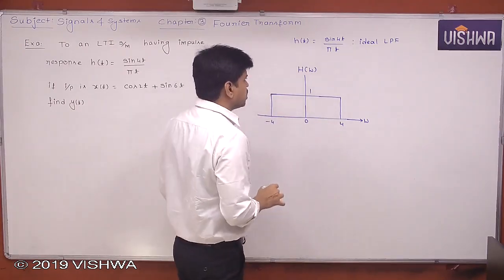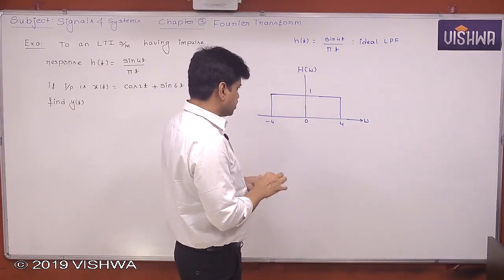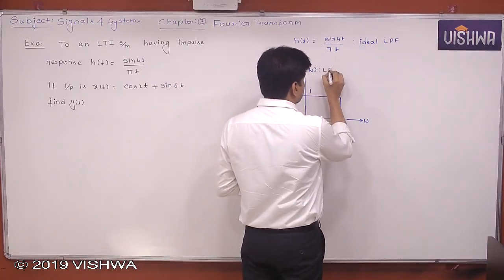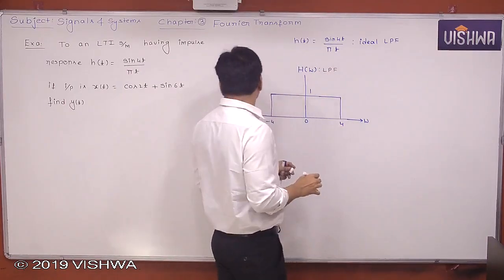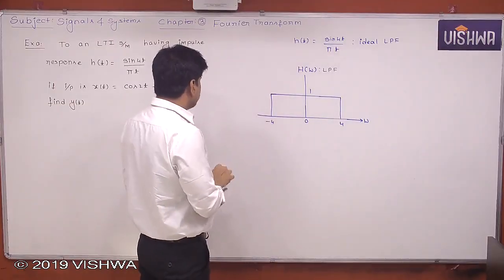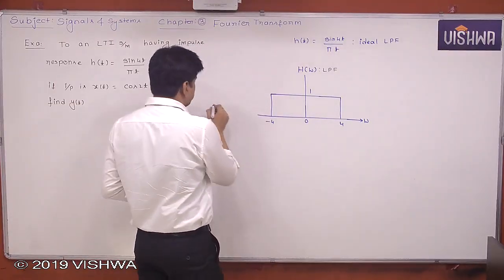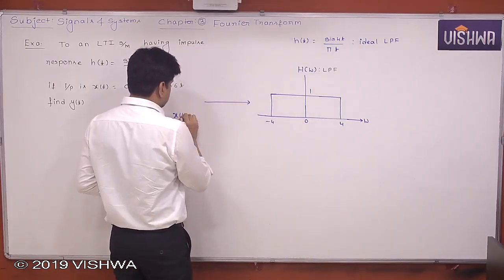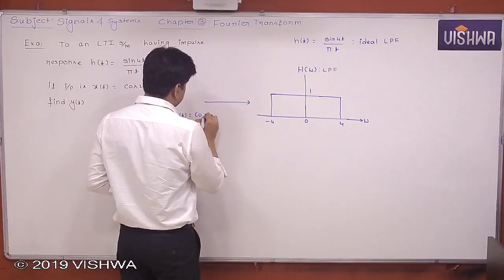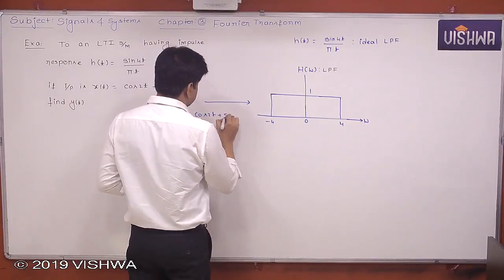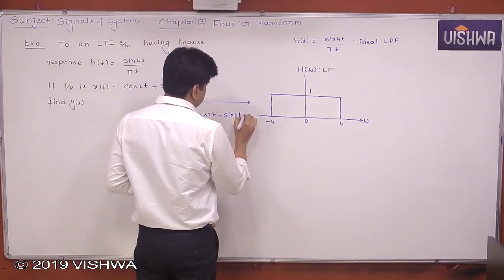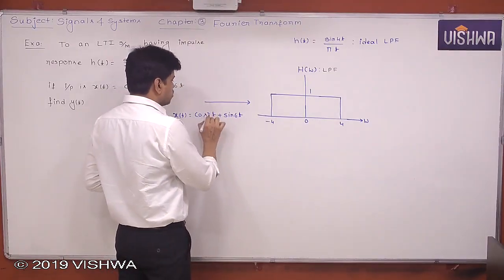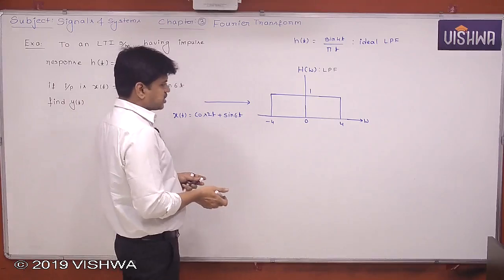So this is the ideal low pass filter. For this, what is the input we have given? The input is x of t equal to cos 2t plus sin 6t. We have two frequencies here: one is 2 radians per second, another is 6 radians per second.